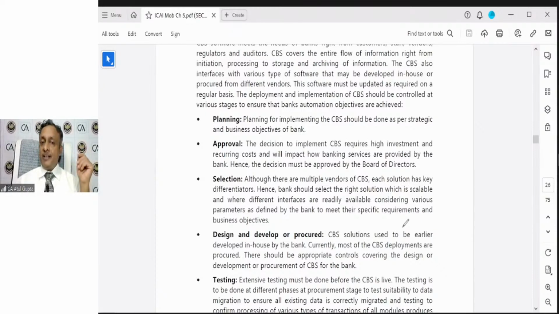Although there are multiple vendors of core banking system, each solution has key differentiators. Hence, banks shall select the right solution which is scalable and where different parameters are available. Great.